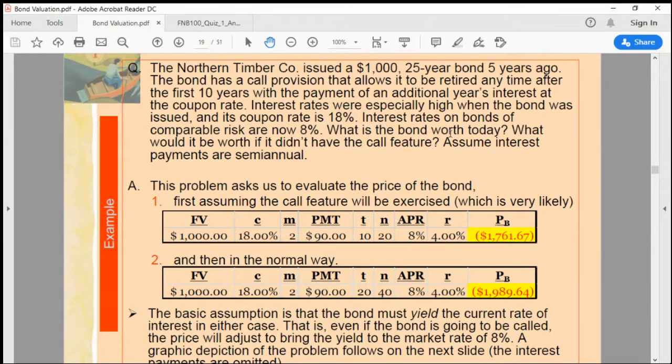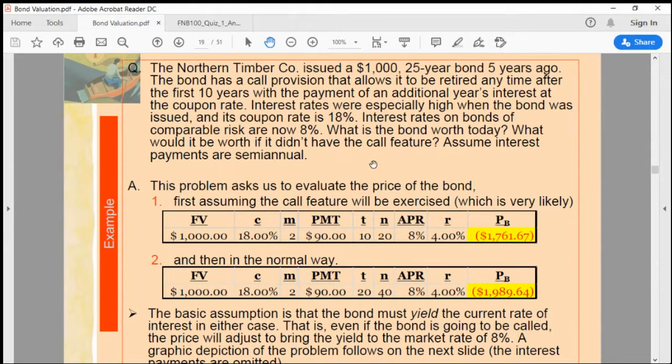So what is the bond worth today? This is also a two-part question, right? Part one, value. What's the bond worth today? That is, valuing it as the call bond. Part two, what would it be worth if it didn't have the call?